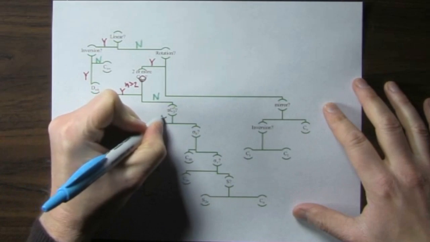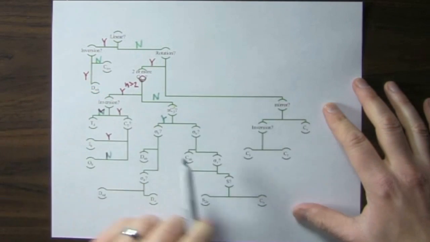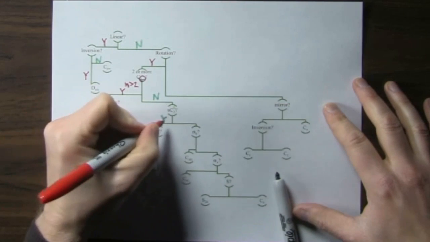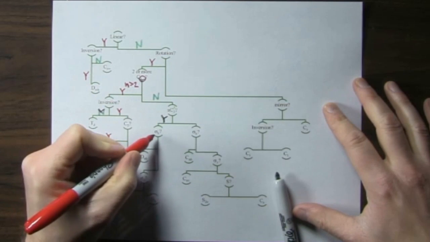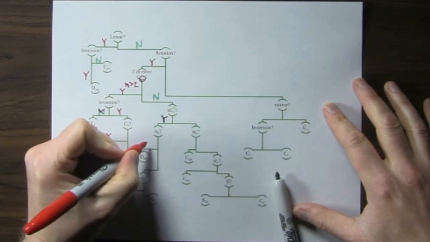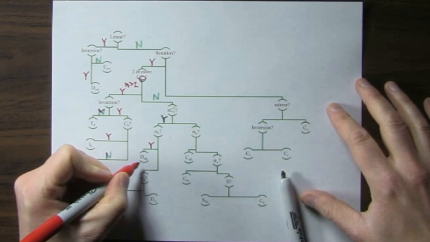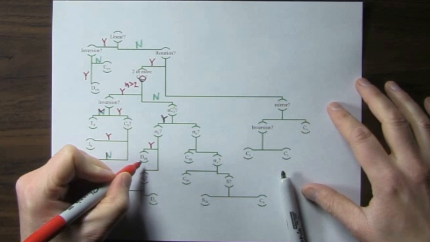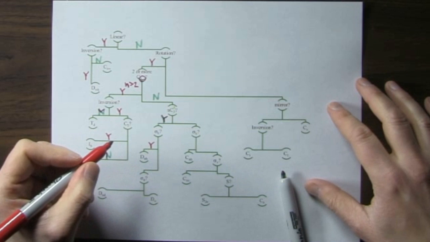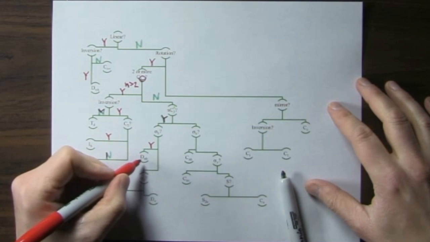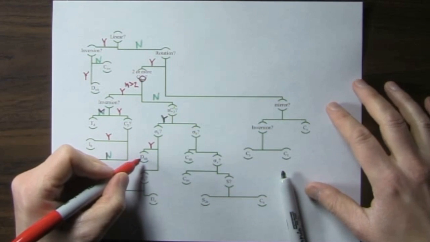If yes, then we ask, is there a horizontal mirror plane? If yes, then we have DNH, which is what we saw with our square planar molecule.